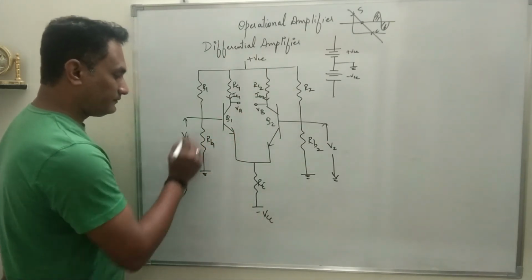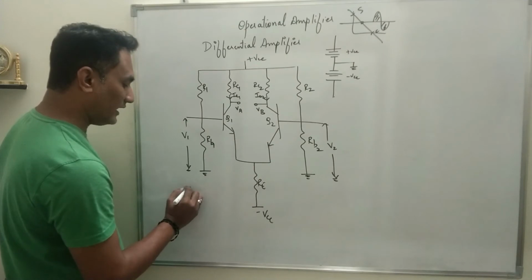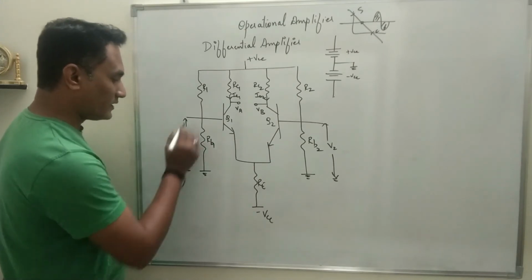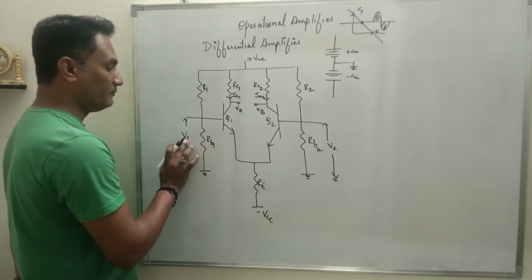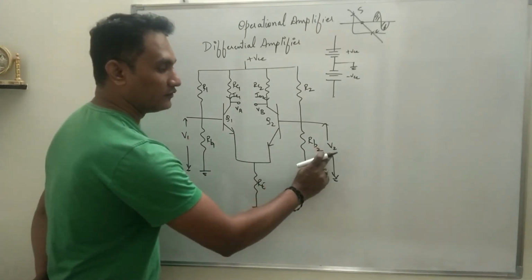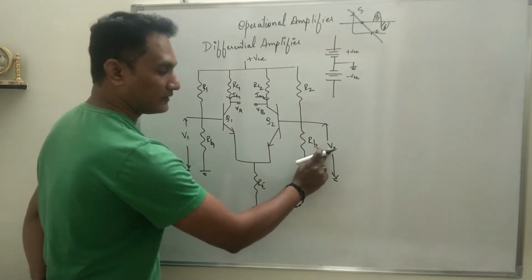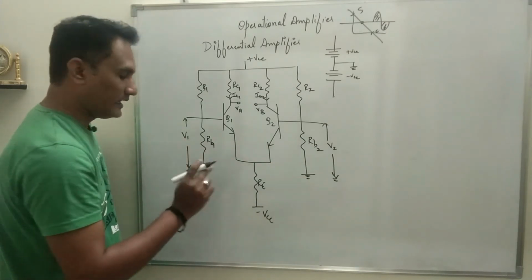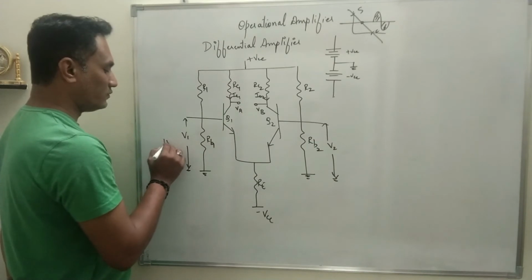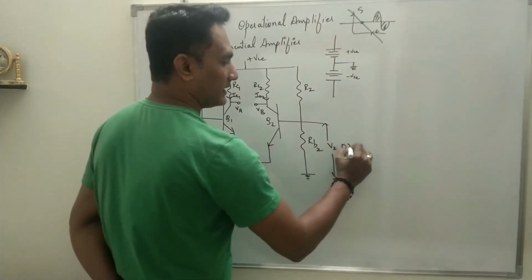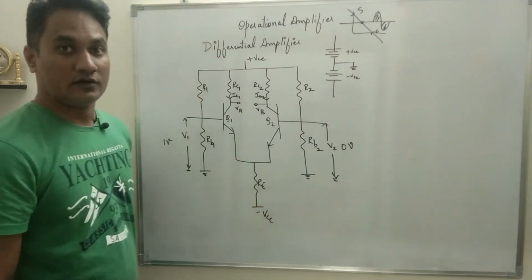Now in a differential amplifier, when you apply input at V1, V2 will be ground. If you apply input at V2, V1 will be ground. Suppose V2 is ground and input is applied to V1. So this is 1 volt, and here as it is connected to ground, it will be 0 volt.